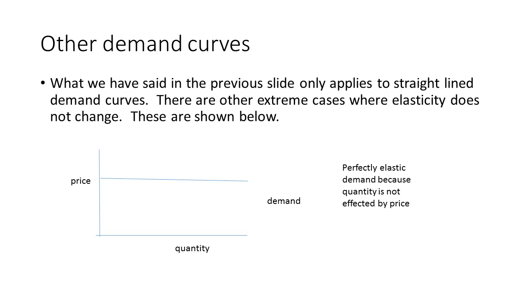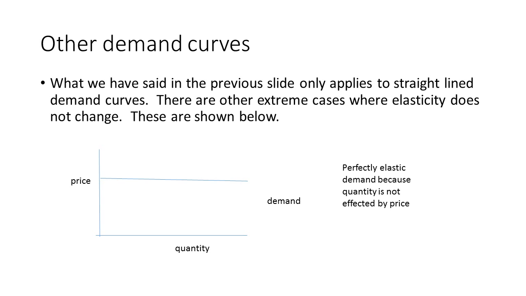In this particular case, we have a horizontal demand curve, and I'm sorry if it doesn't look exactly horizontal. This is considered to be perfectly elastic. In other words, the price never changes, and you can buy as much as you want at that price.